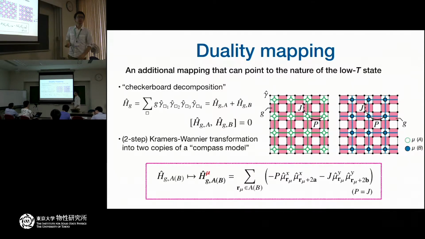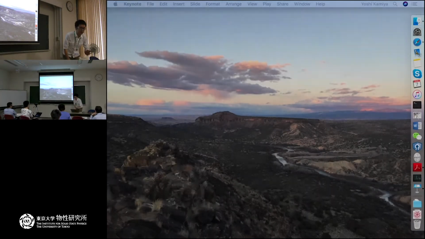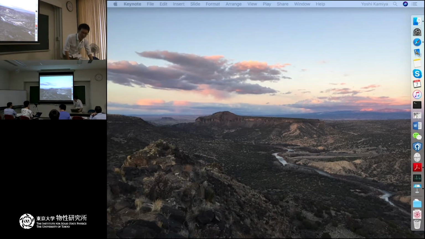So your previous spin operators are sitting on bond centers, right? Yes. And these new operators in the compass model are sitting on plaquette centers. Yes. So what is the relationship between sigma and mu? Now I need to explain the two-step Kramers-Wannier transformation.